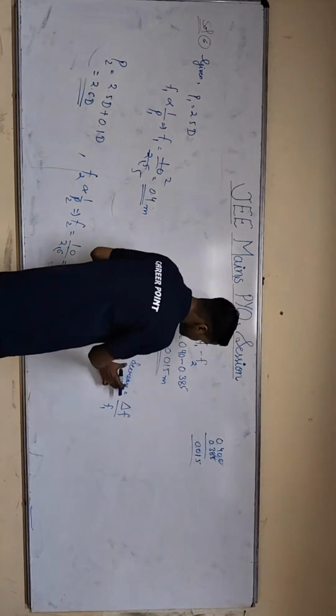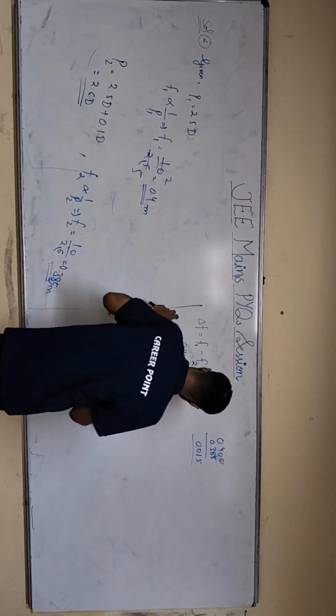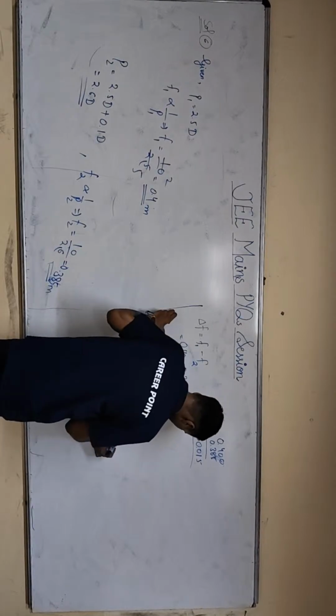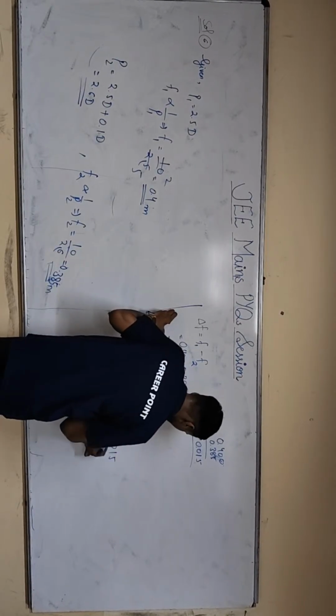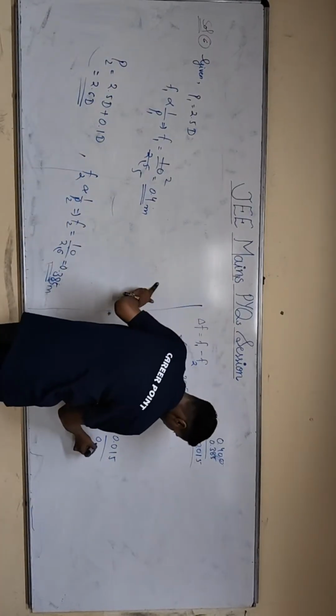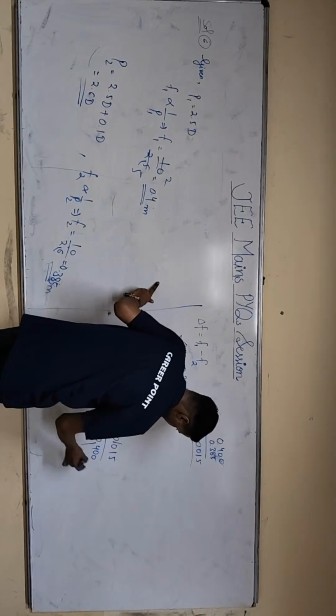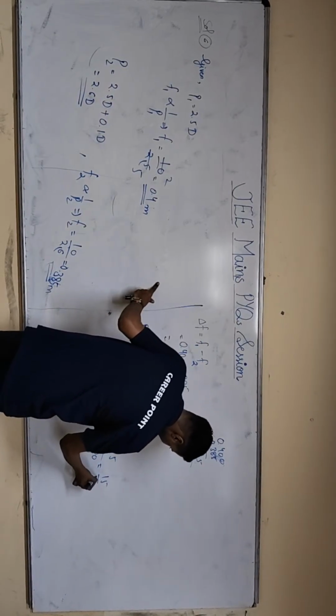So delta F is 0.015 upon F1, and F1 is 0.4. That is 15 upon 400.